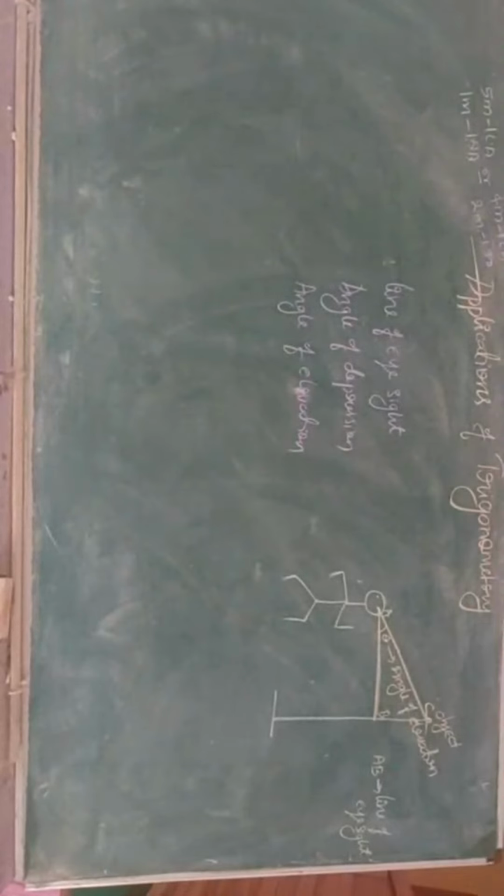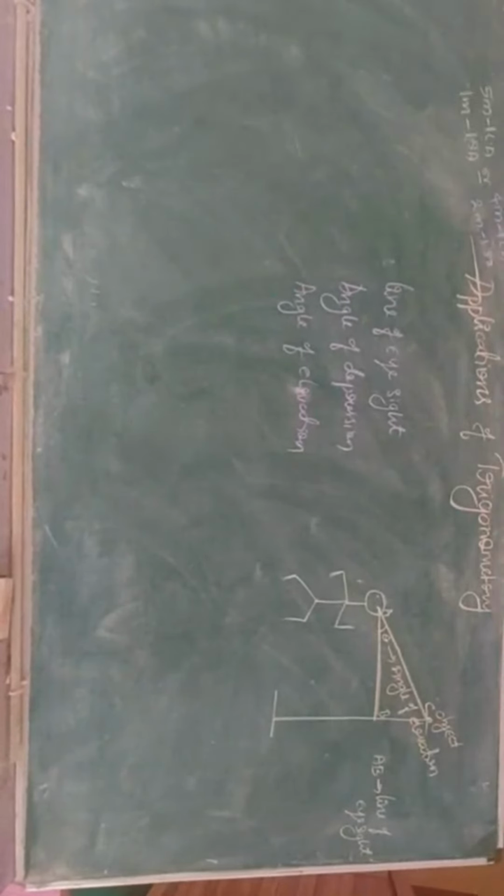On the right side, angle of depression. Angle of depression is the angle formed by the line of sight with the horizontal when it is below the horizontal level.